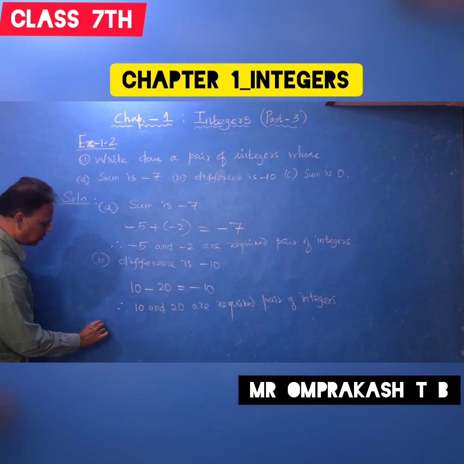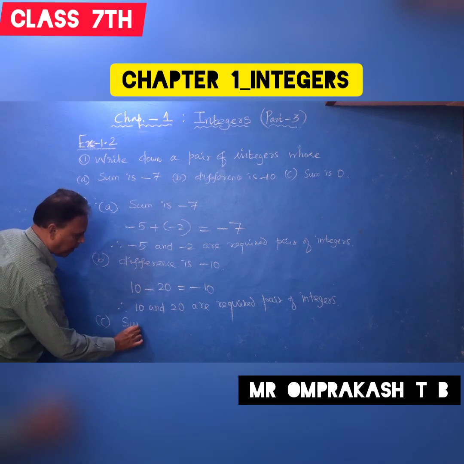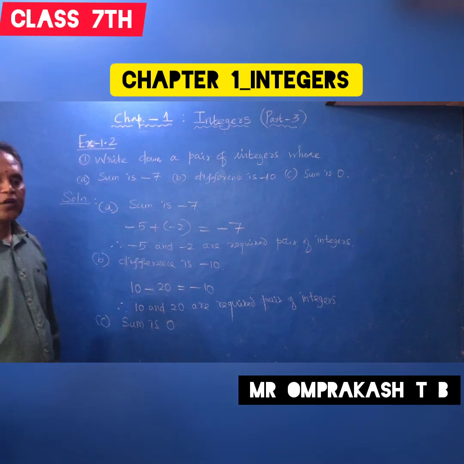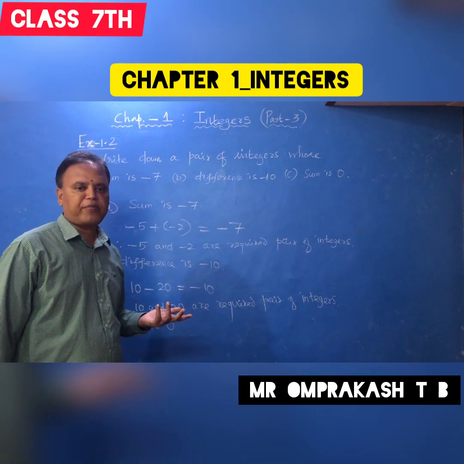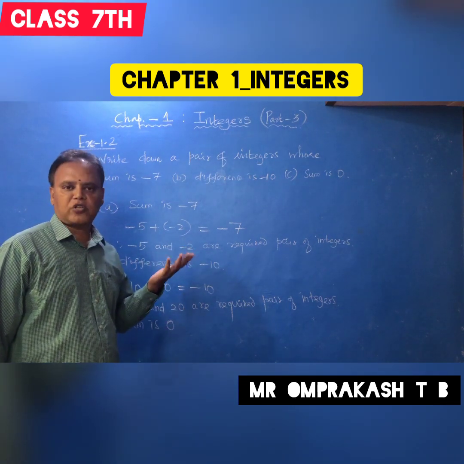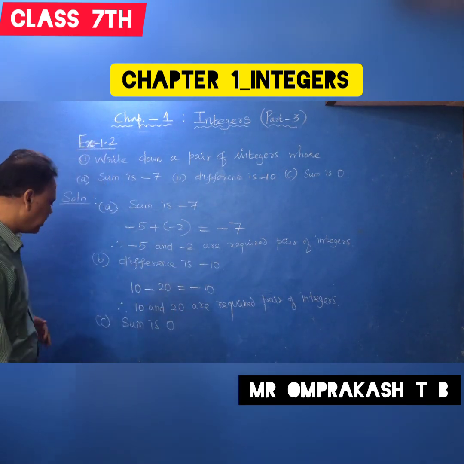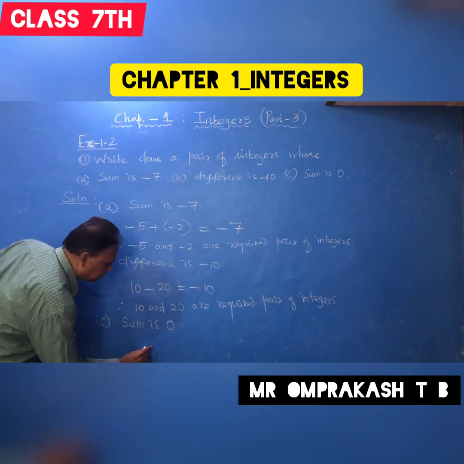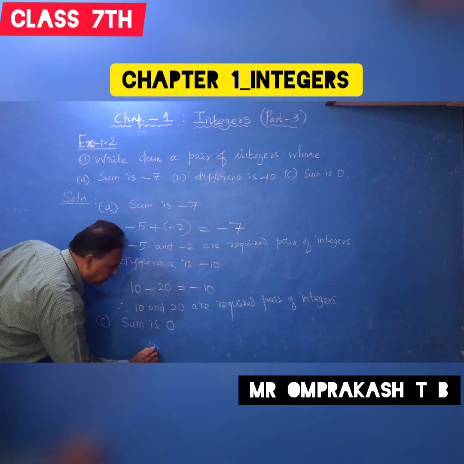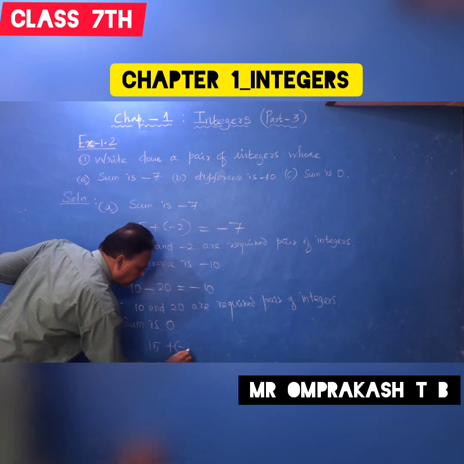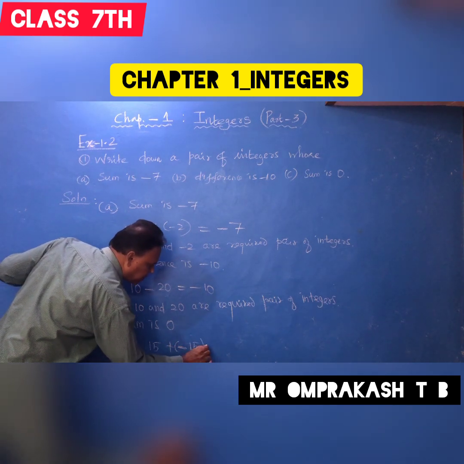Next, sum is 0. Sum is 0 means, when you want the sum to be 0, you take one number positive, one number negative. Both added will be 0. I am taking, you see, 15 as one number, plus minus 15 as another number.